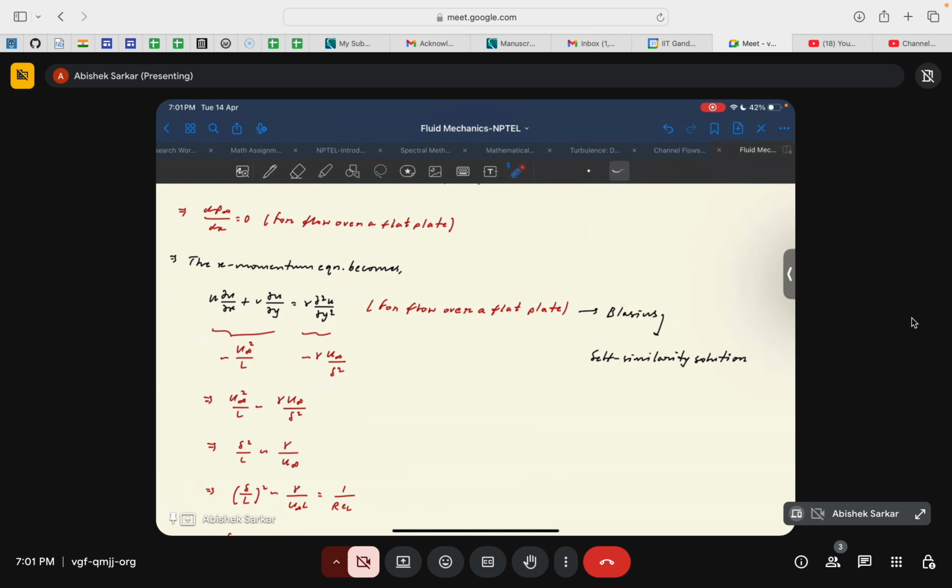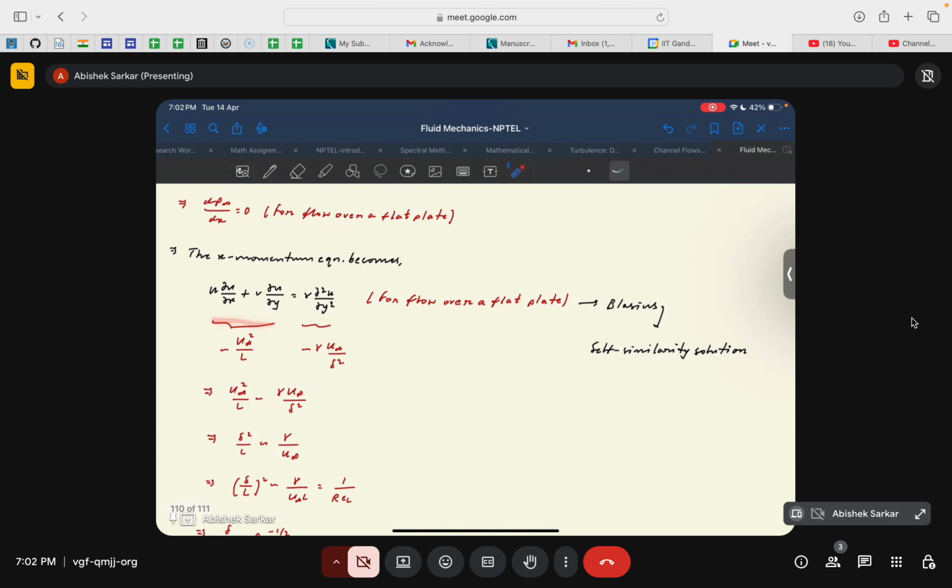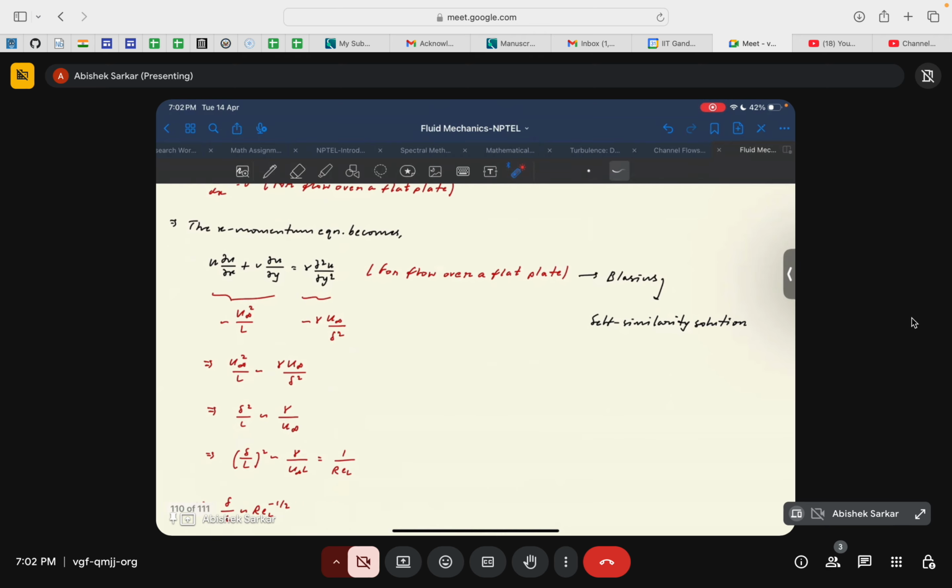So now let us see if we scale these terms for a flow over a flat plate, what conclusion do we get? Both of these terms, if you remember, in the x momentum equation, scale as u infinity squared by L, and the viscous terms, with only the velocity gradient along the y direction, scale as nu times u infinity by delta square. nu is there, u scales as u infinity, y square will scale as delta square.